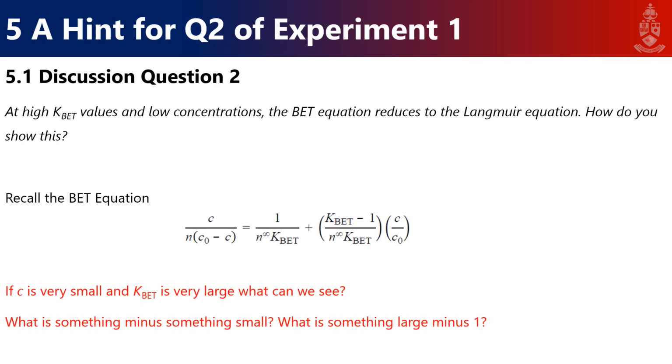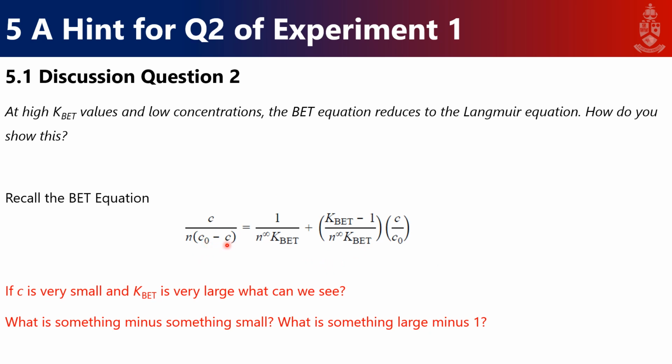So finally, I just want to give you a hint for discussion question number 2. The question says at high KBET values and at low concentrations, the BET equation reduces to the Langmuir equation. You need to show this. So let's look at the equation. There's a bunch of things on the left and a bunch of things on the right.